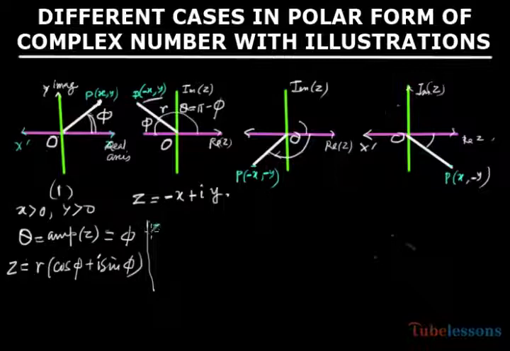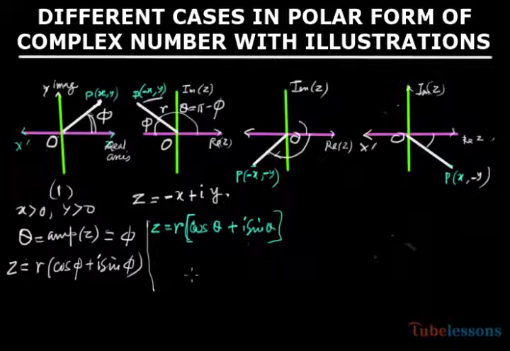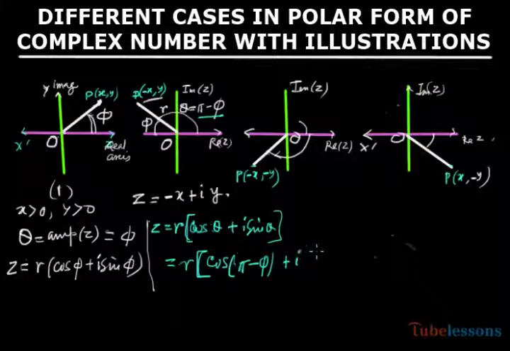So Z is equal to r (cos theta plus i sin theta), and in this case we will write r (cos of pi minus phi plus i sin of pi minus phi), since theta is replaced by pi minus phi.